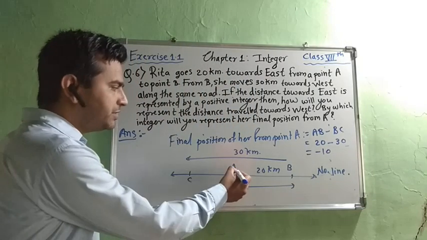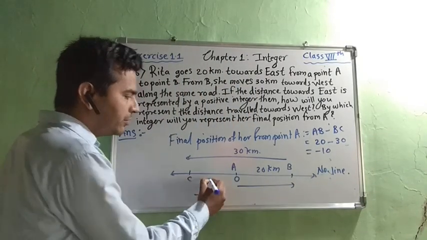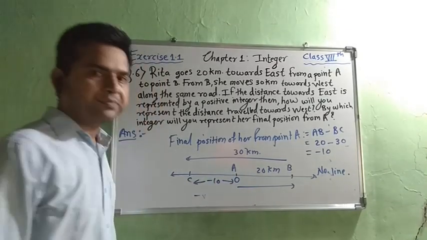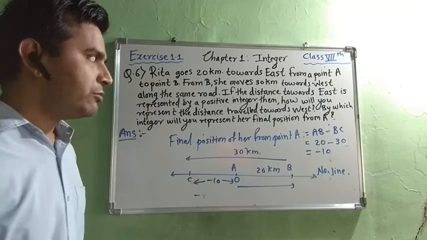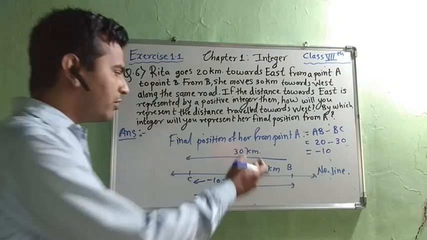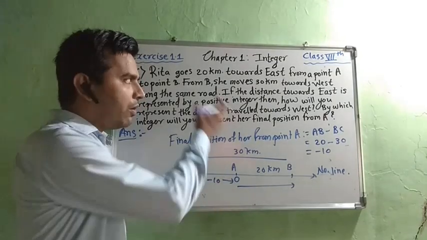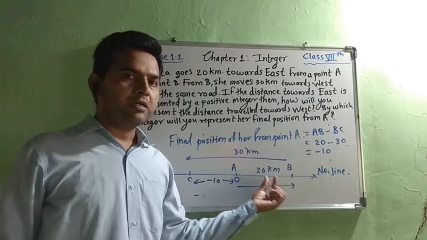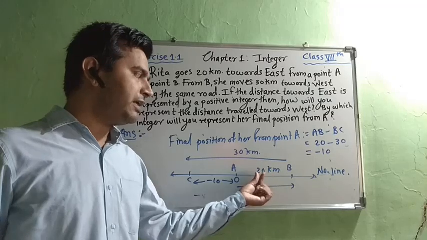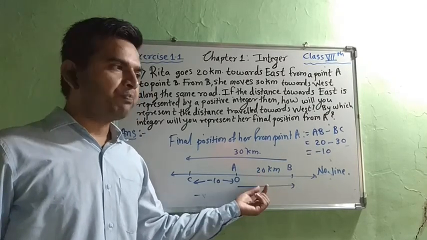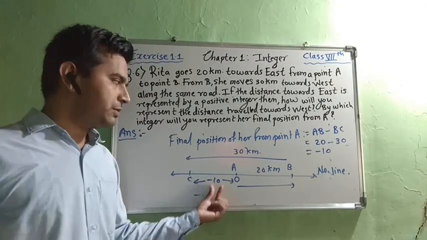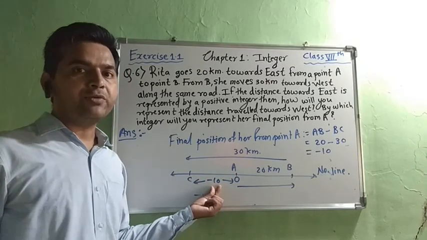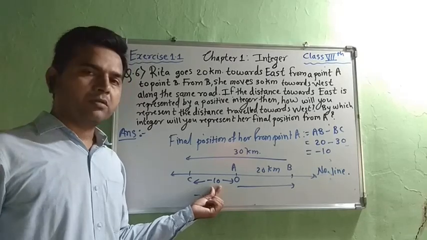Means from point A to C we get minus 10. That much distance we get. Okay, so that's all for this question. Already we represented this whole value on the number line. So from point A to B, the positive integer distance is 20, and the final position from point A we get is negative, means minus 10. Negative integer we get. Okay, that's all.